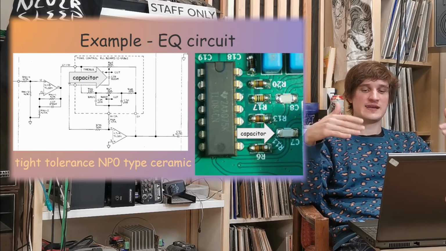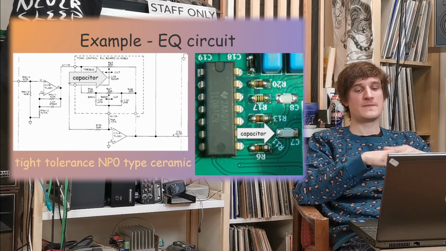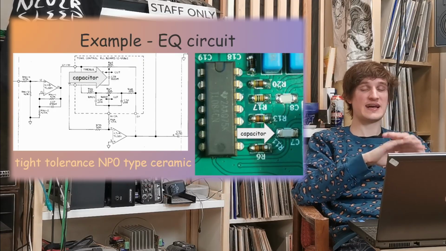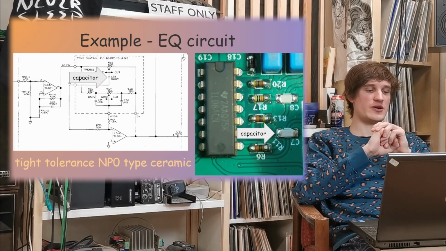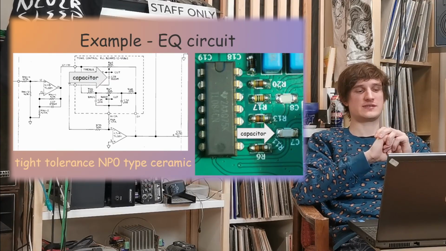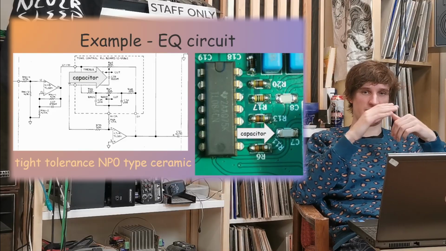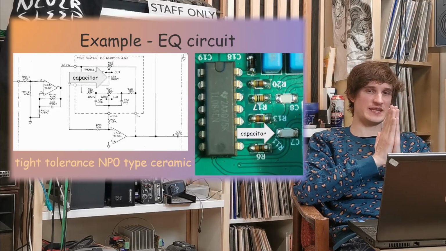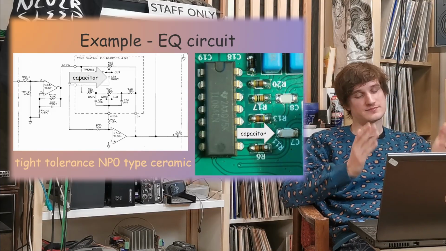So for this low value capacitor, I chose the ceramic NP0 type. Also, I took care about tight tolerance because it works in the filter circuit. I want the tolerance to be tight to stick to the time constants that were in the design.